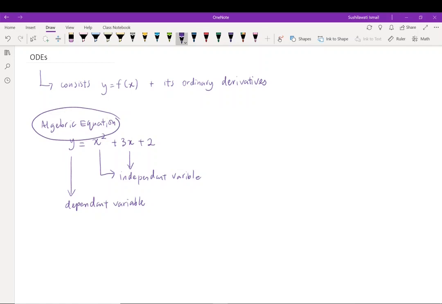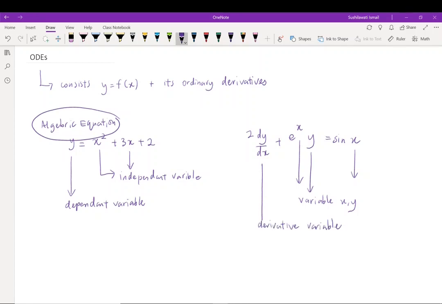But for another equation like this, we not only have variables x and y here, we also have a derivative variable in this function. So this is the derivative variable. This kind of equation we call an ODE, ordinary differential equation.